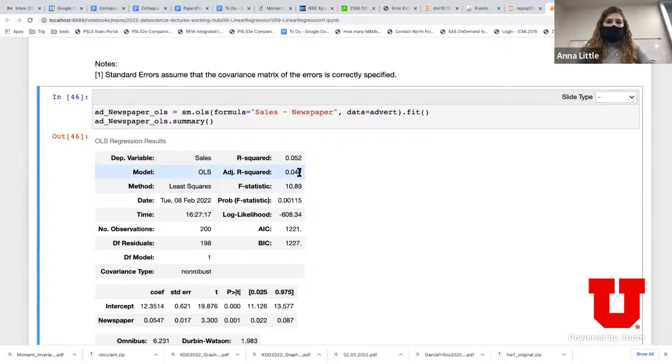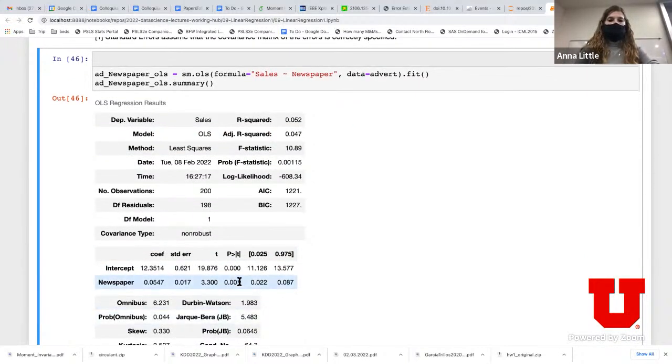It's getting even worse, right? So now we only have an R squared of about 5%, meaning 5% of the variance is explained by the model, but we are still getting that the relationship is significant. So this is kind of interesting, right? It's definitely possible that when you run a linear regression like that, you get a very bad R squared.